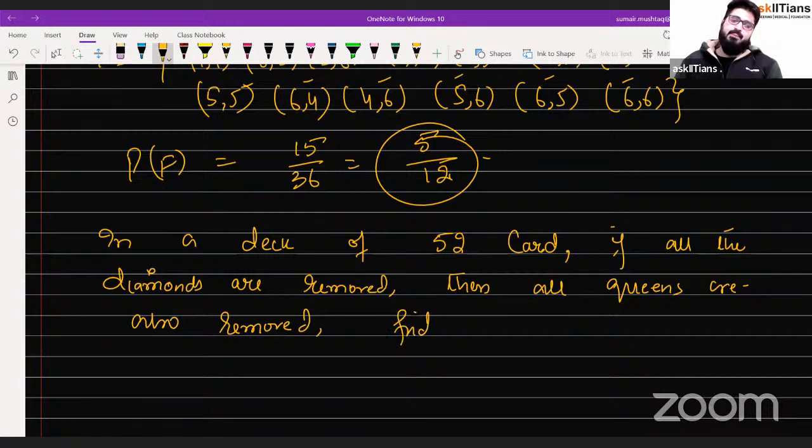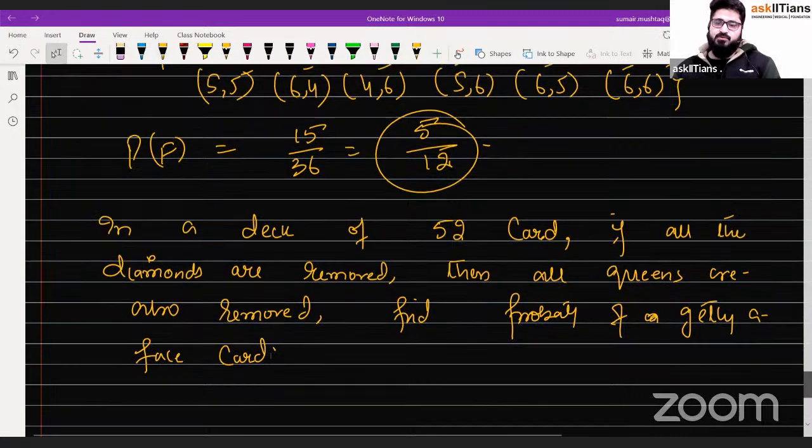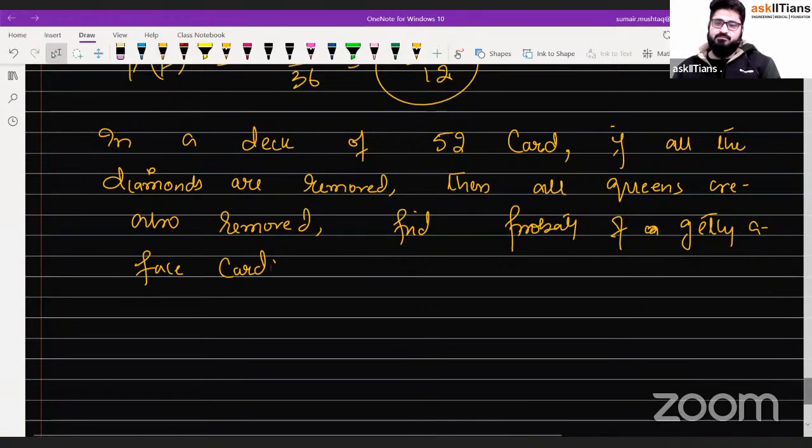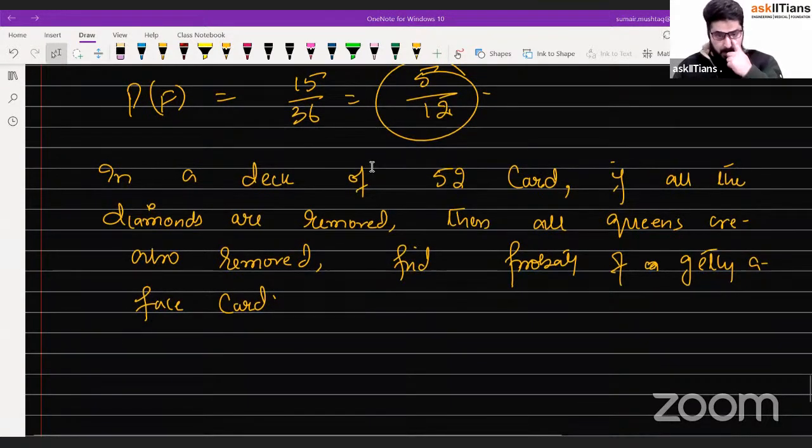Find the probability of getting a face card. Is it possible for you to do? Are you sure though?